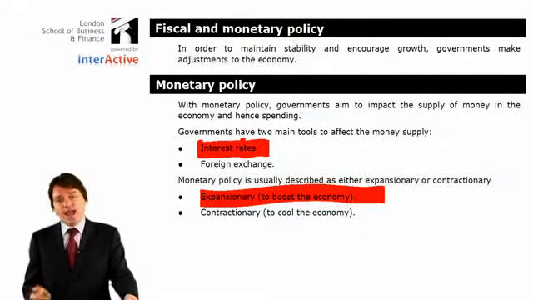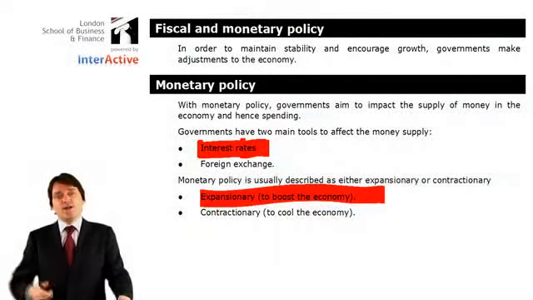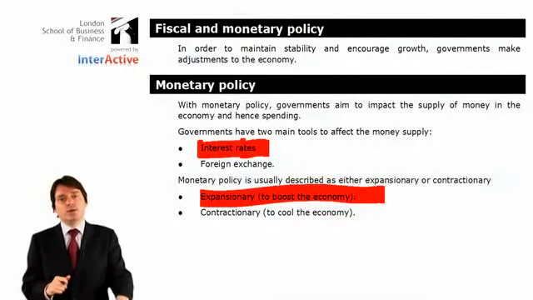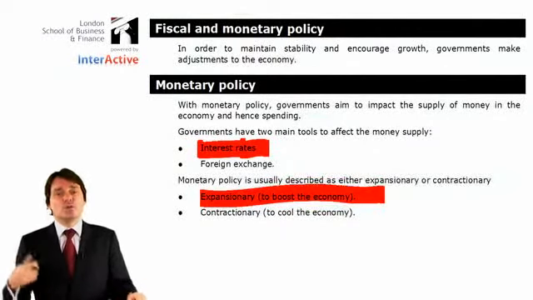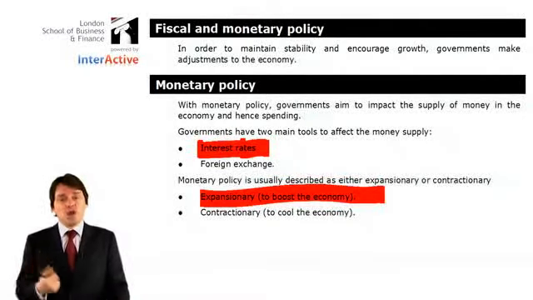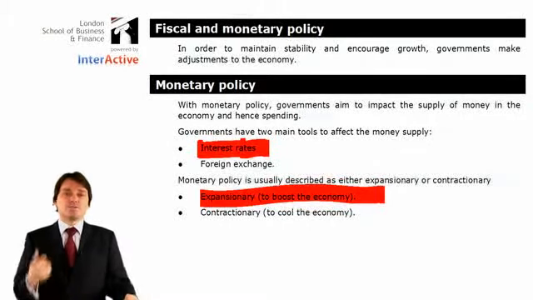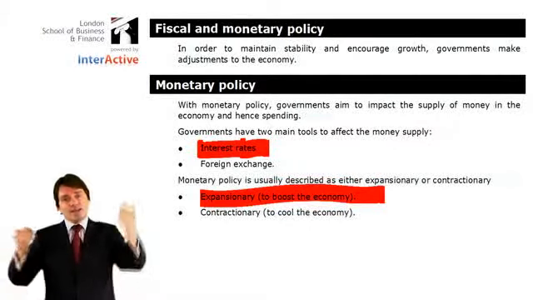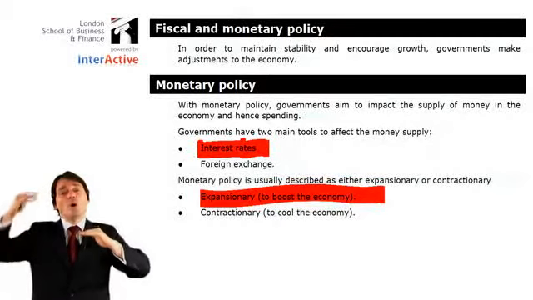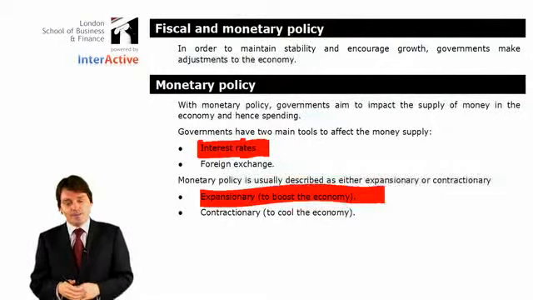Interest rates going down means people don't have to spend as much on their mortgages. Therefore, they have more money in their pockets, which they will go out and spend on other things. Companies that have borrowed money don't have to spend as much paying the debt back, therefore they will spend the money on other things. The idea is that if interest rates go down, people buy more. So it's one of the ways that you can try and boost an economy.